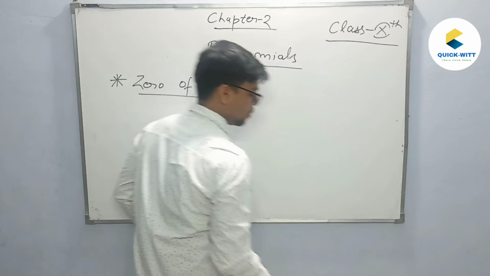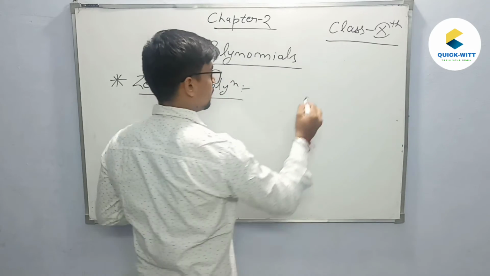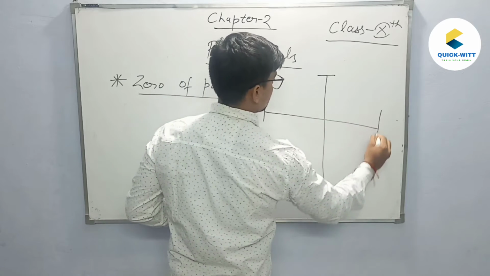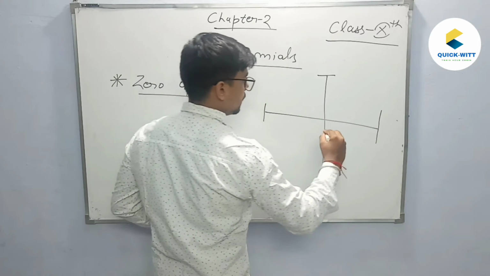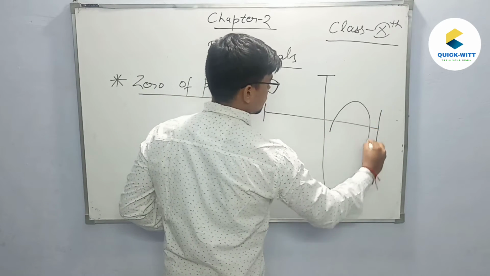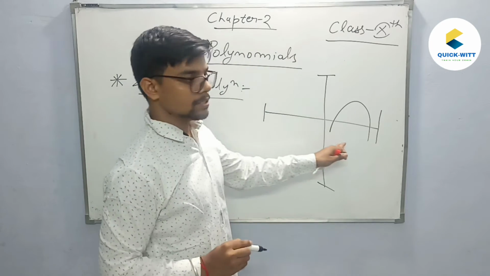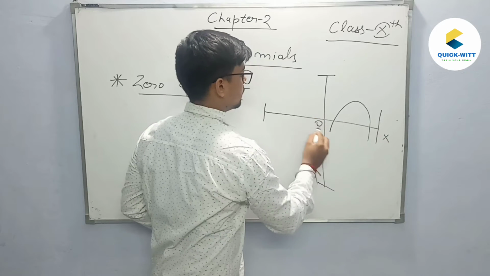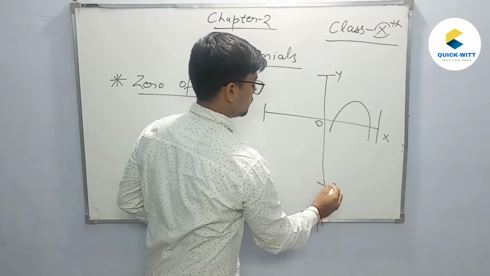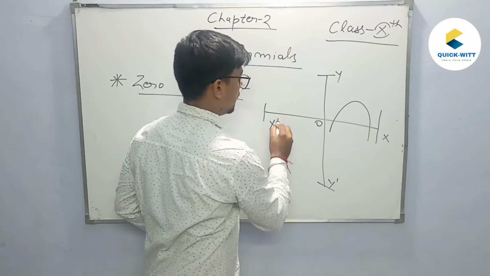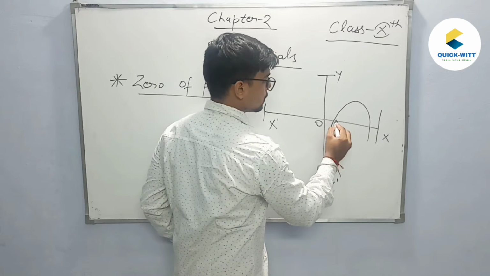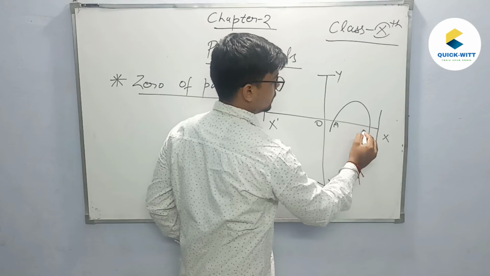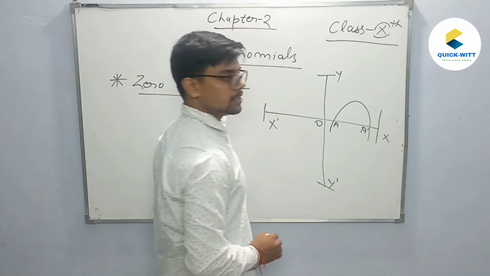I tell you, if the graph is like that, if it is a parabola of this type, this is the x-axis, this is the y-axis, y dash and x dash, and it cuts the x-axis at 2 points A and A dash.